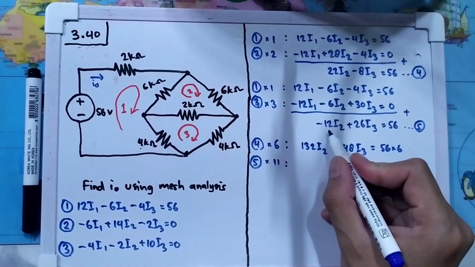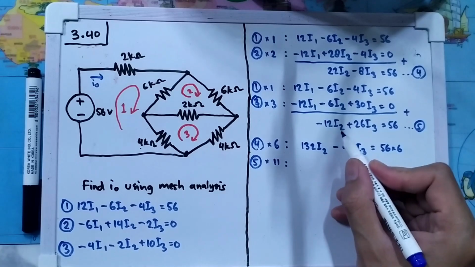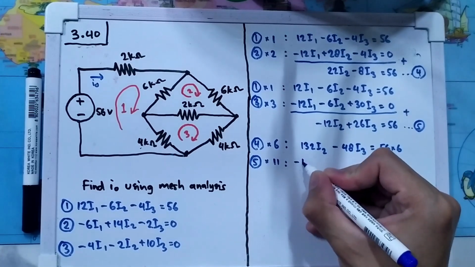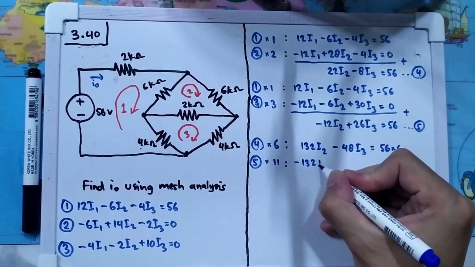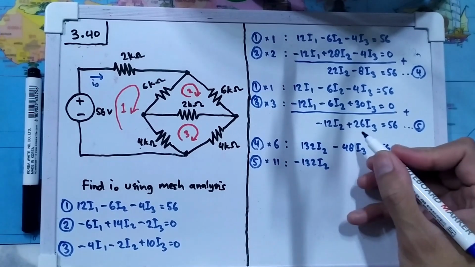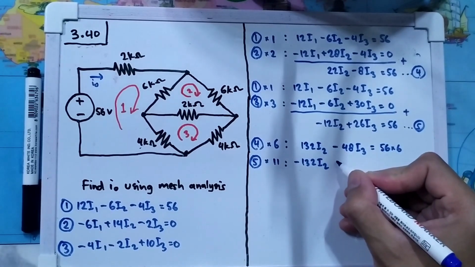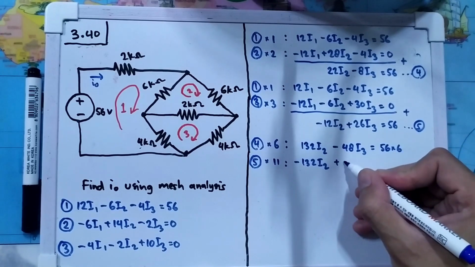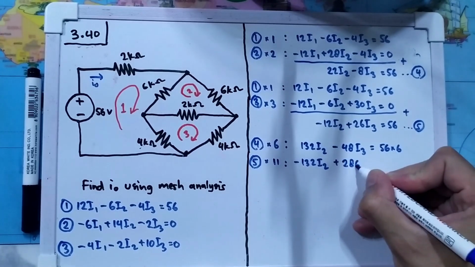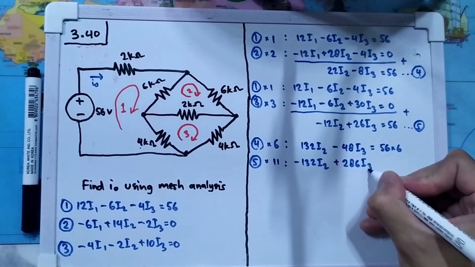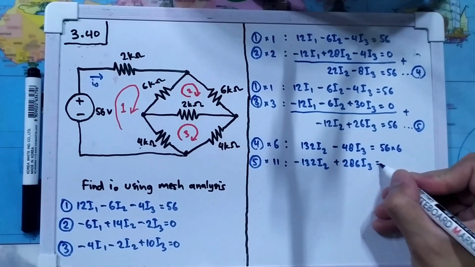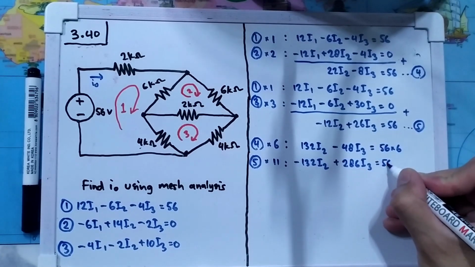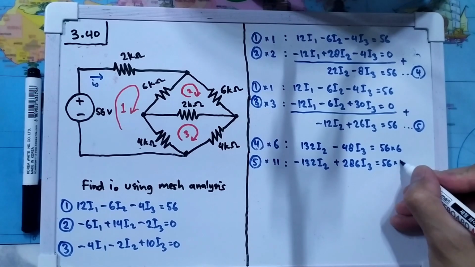And this one, minus 12 I2, it will be minus 132 I2, and then plus 286 I3, and it will equal to 56 times 11.